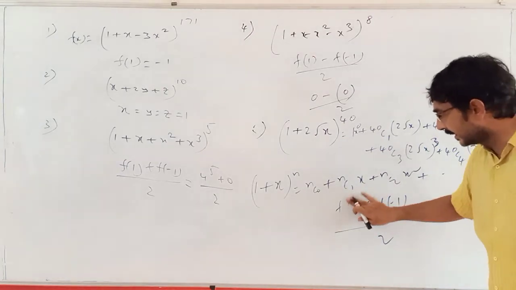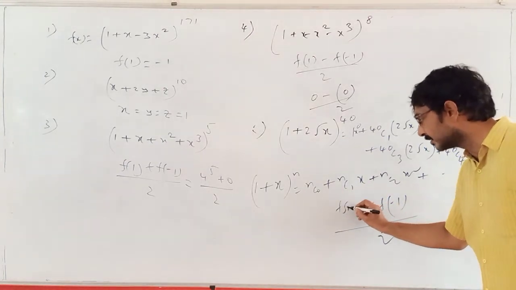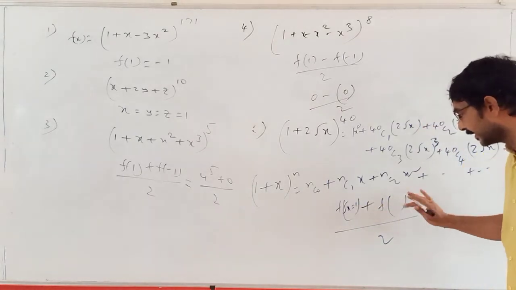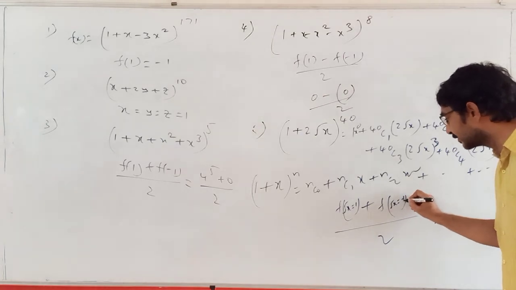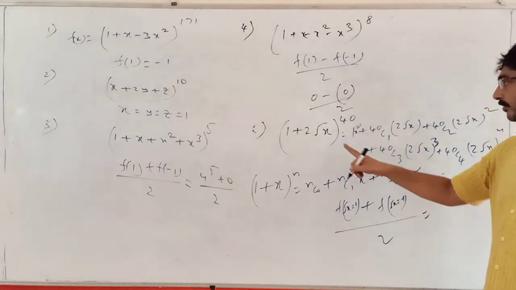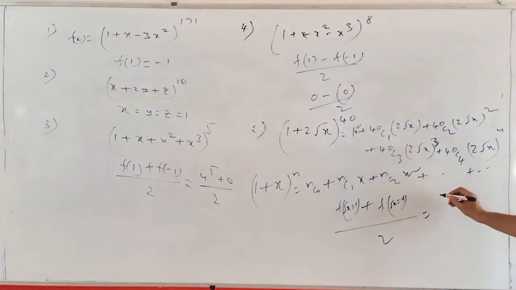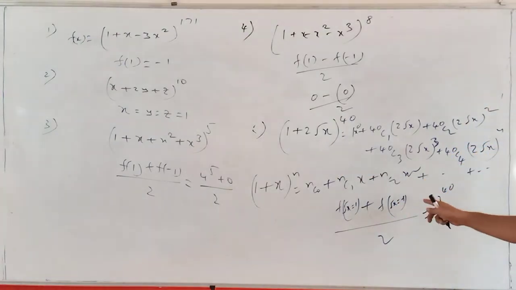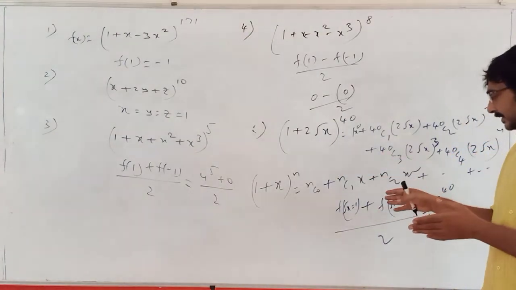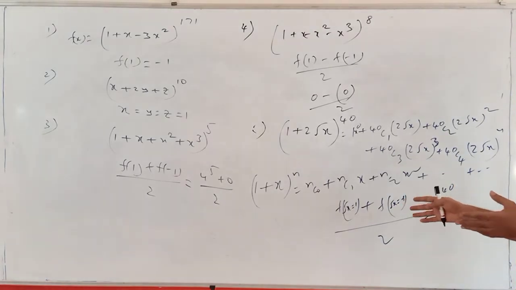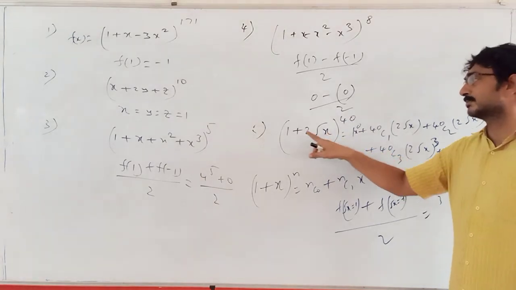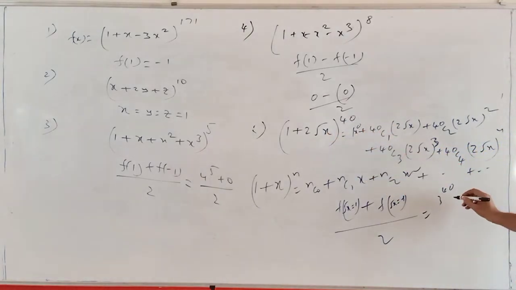Therefore required is f at √x equal to 1 and f at √x equal to -1, divided by 2. When √x is 1, 1 plus 2 is 3, power 40. When √x is minus 1, of course √x equal to minus 1 is not possible for real x, but x is then i-type complex, so in complex numbers that is also possible. So when √x is minus 1, 1 minus 2 is minus 1, whole power 40, even, so plus 1. So the answer is (3^40 + 1)/2.